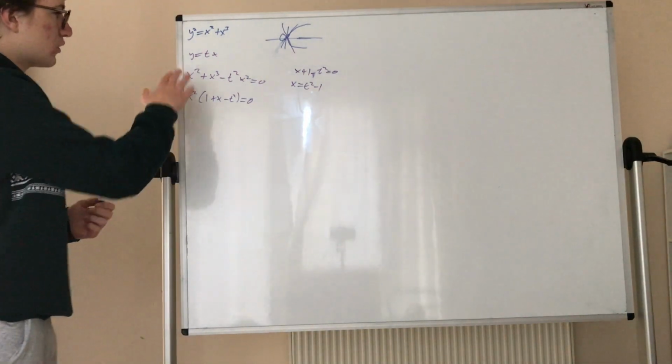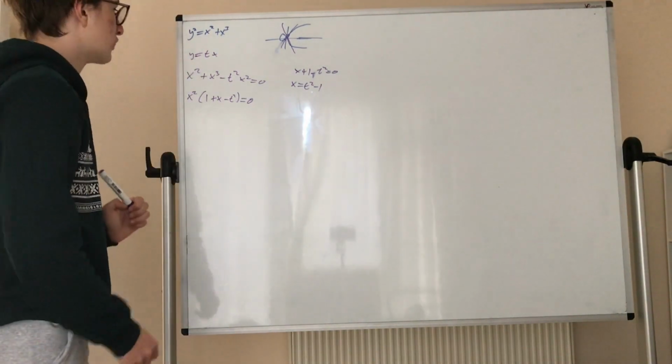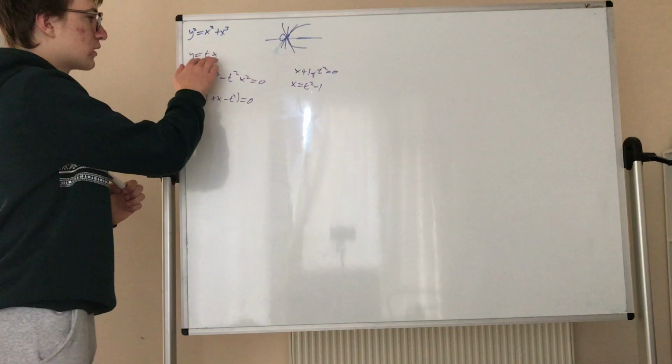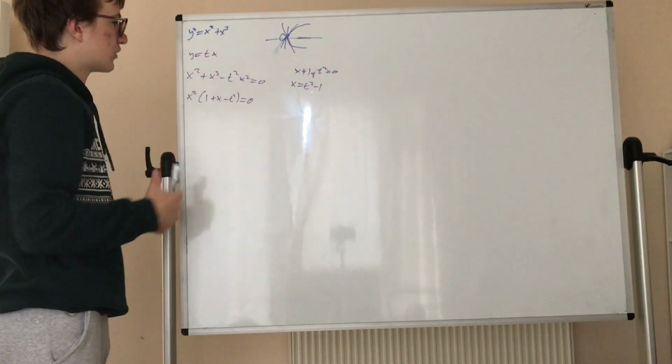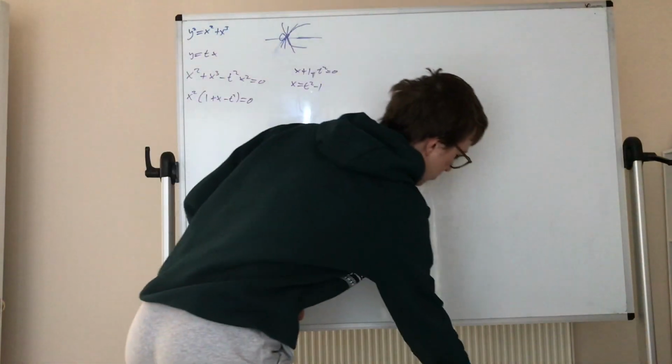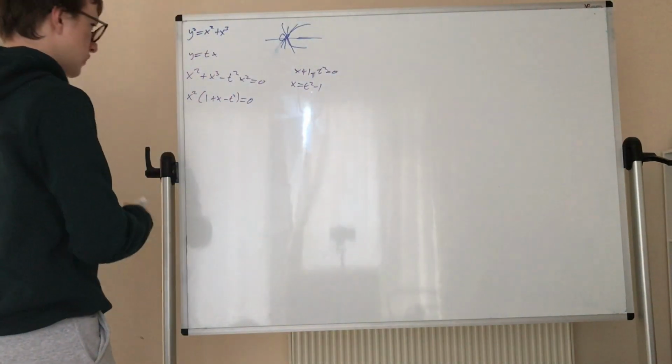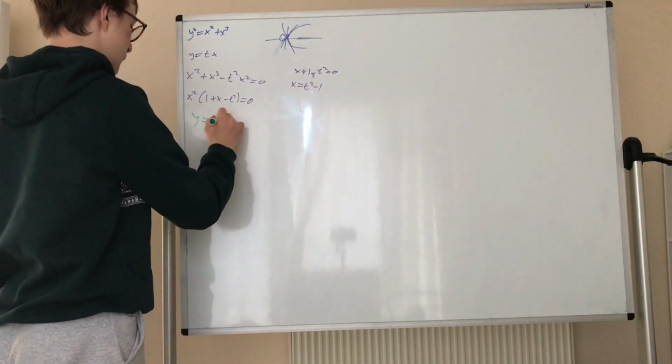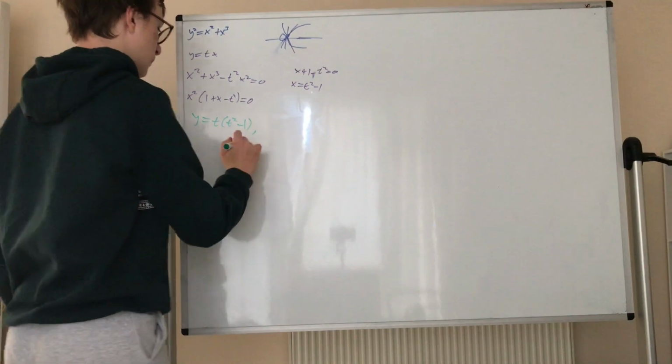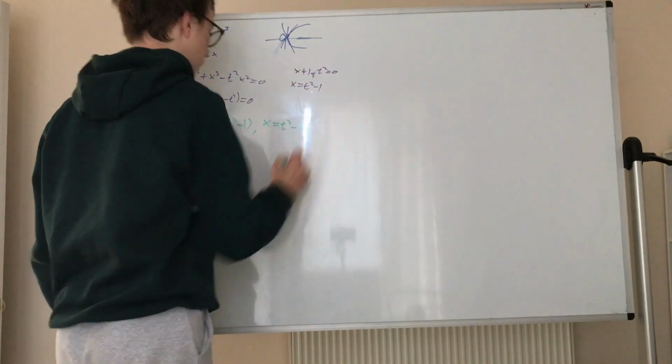Okay, so if x is equal to t squared minus 1, then y is equal to t times t squared minus 1. And so our parameterization is actually y equals t times t squared minus 1, and x is equal to t squared minus 1.